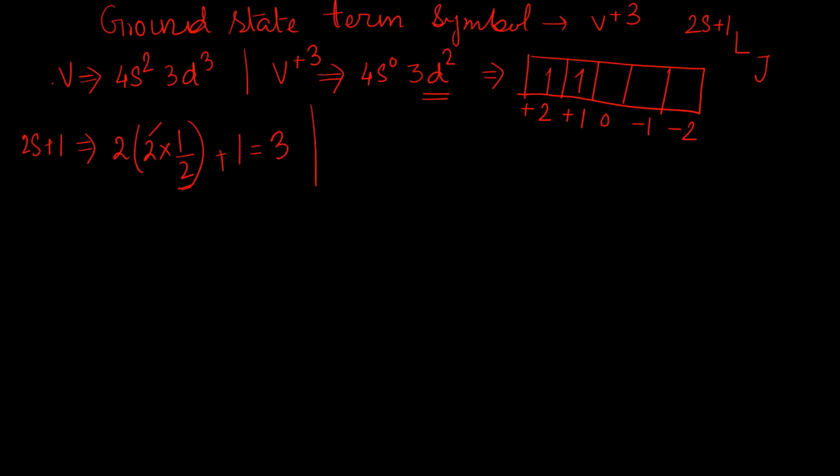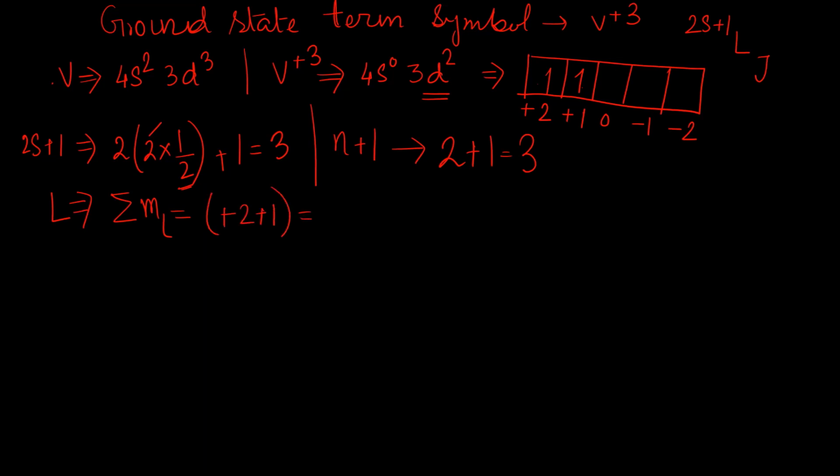Easily it can be represented by n plus 1, where n is the number of unpaired electrons. Here the number of unpaired electrons is 2, so the representation will be 2 plus 1 equals 3. The same value will come. Next is the L value. L is the summation of ML, which is plus 2 plus 1.